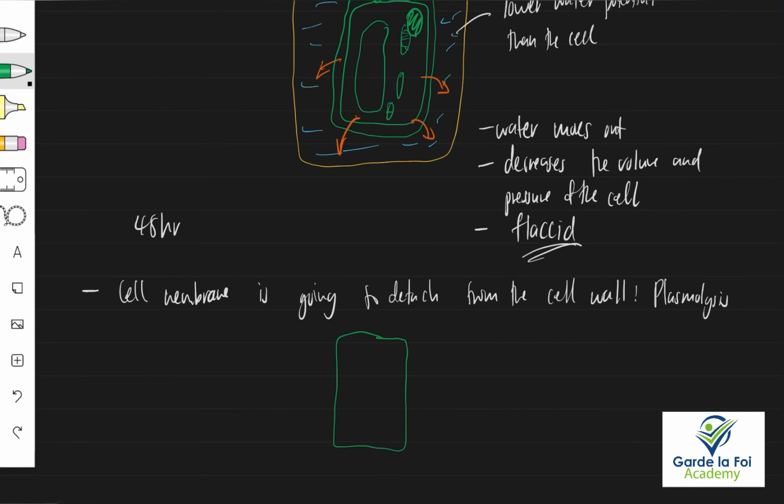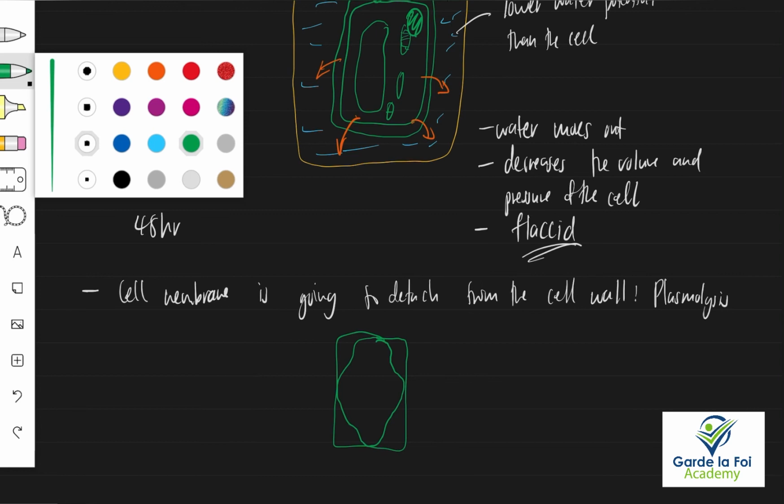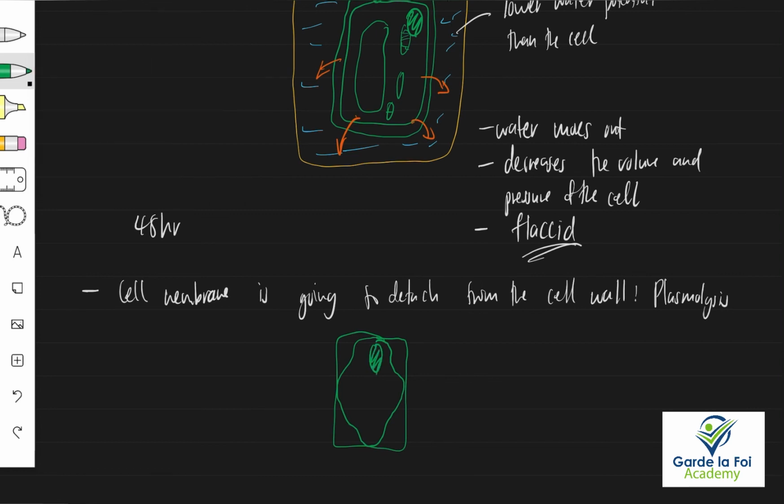So we're actually going to see the cell in a new kind of structure where we have the cell wall here, and then we're going to see the membrane kind of touching, but there are a few parts where it doesn't touch. It is detached from the cell wall.